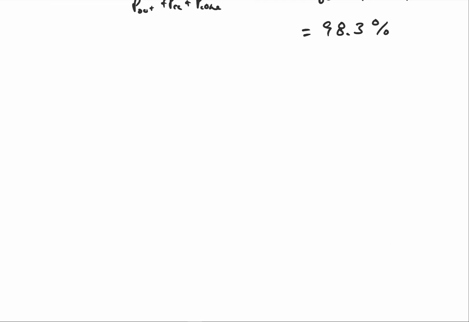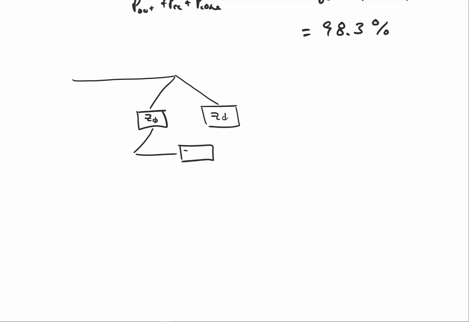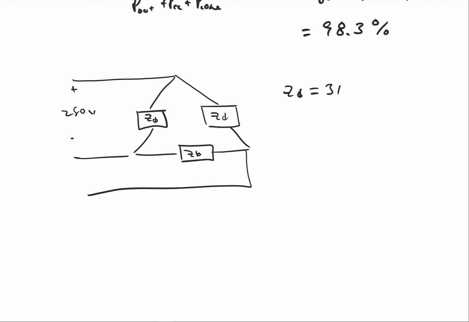For the next problem, let's consider that we have a delta connected load and we're given this voltage of 208, and we're also given that each phase of the load has an impedance of 3 plus j4 ohms.